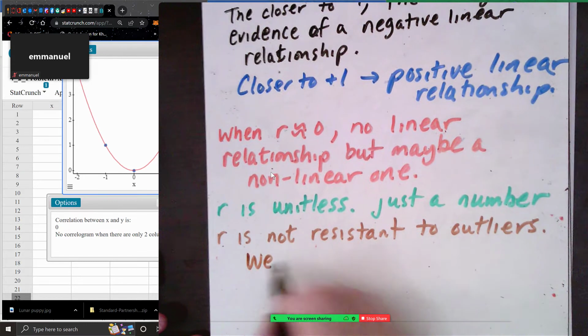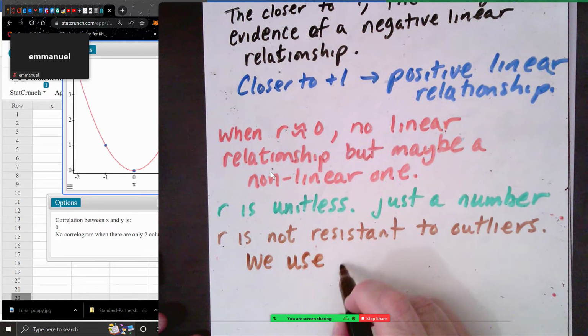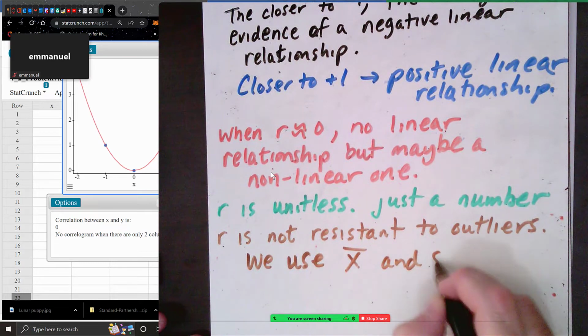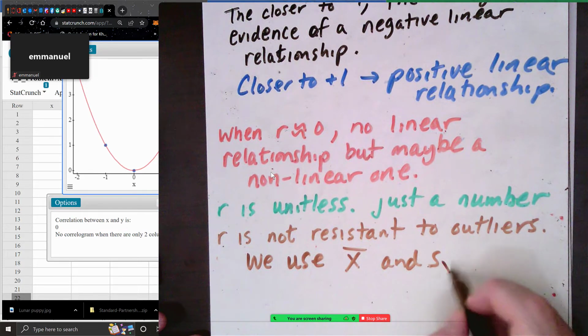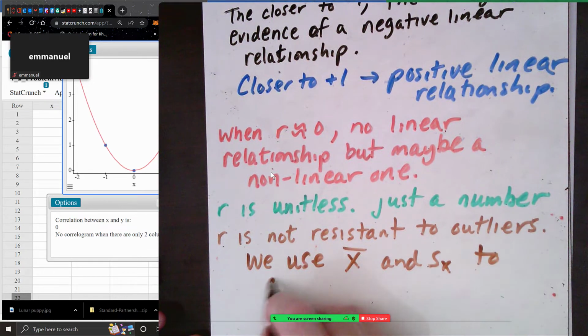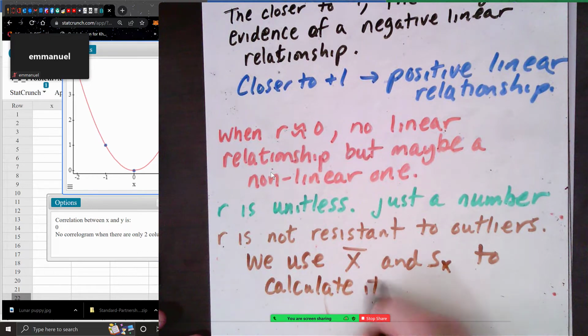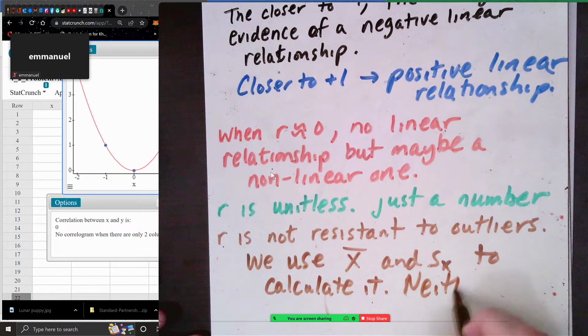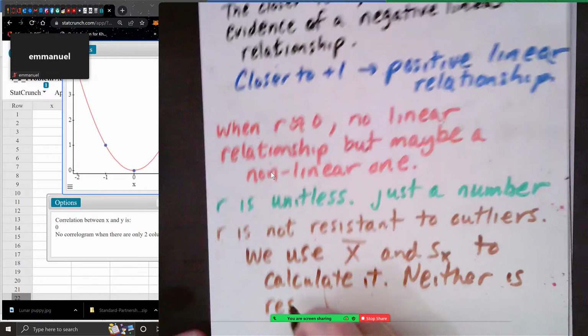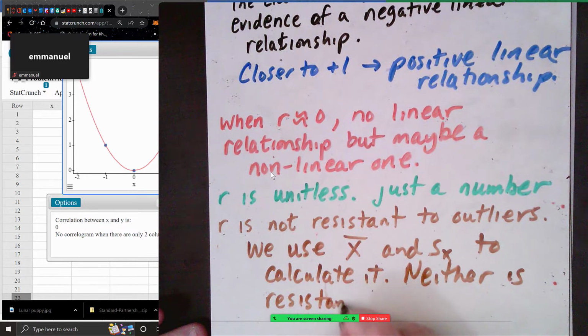We, or the computer does, we use the mean and the standard deviations to calculate it, and neither of those is resistant. And since neither is resistant, R is not resistant either.